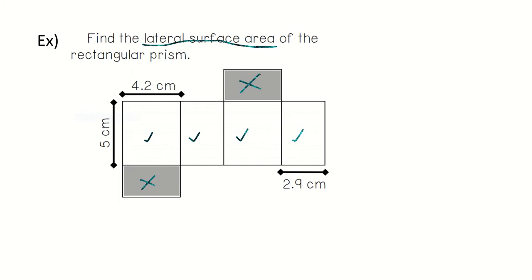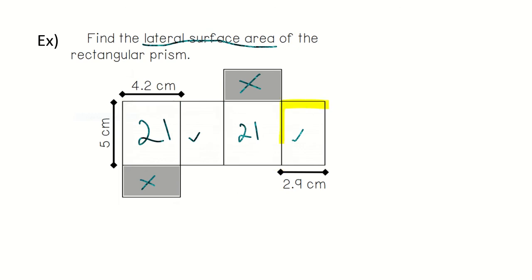Okay, so let's find what we do need. 4.2 times 5. 4.2 times 5 is 21. That means, remember, there's always a pair. This other piece right here that looks very similar in size, that is the pair for the 21. Okay, now let's find the other two rectangles.